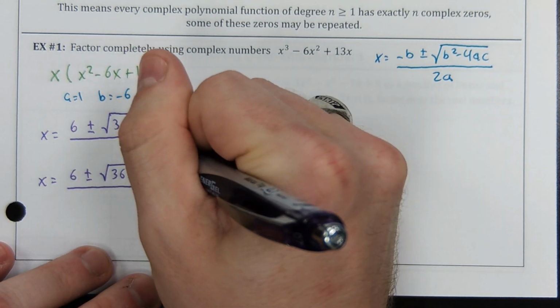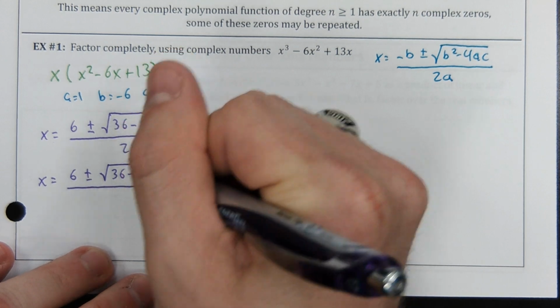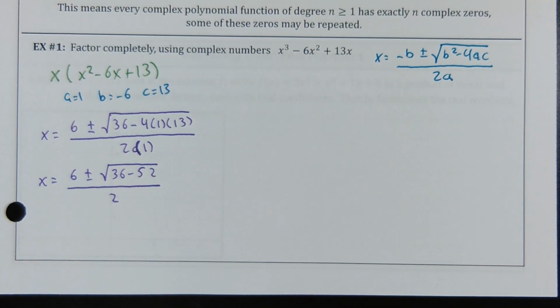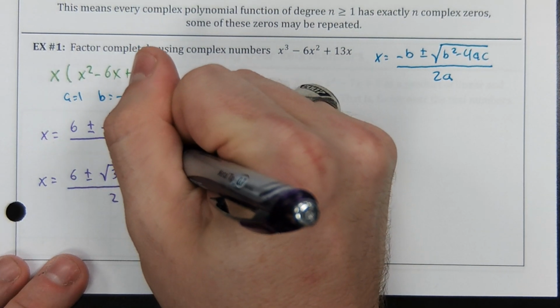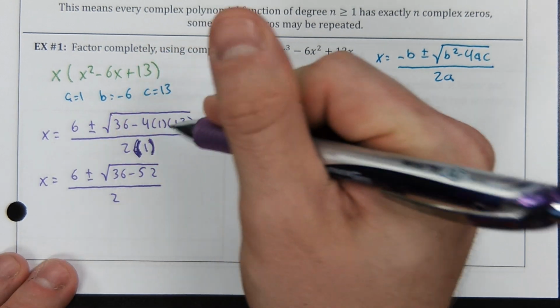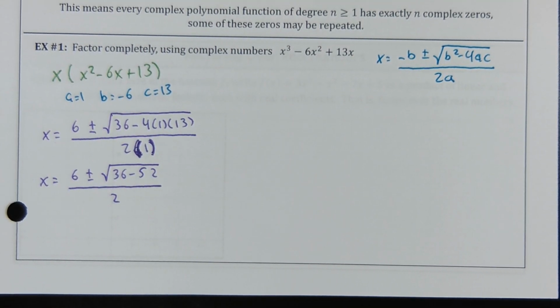Oh, I wrote 2a instead of 2 times 1. Sorry. That's supposed to be a parenthesis. 36 minus 52. Well, that's negative 16.